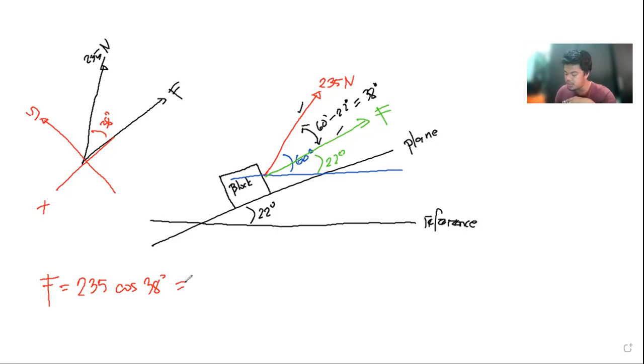Make sure that your calculator is set to degree mode. The component force F is equivalent to 185.2 Newton. So this would be the component of the force along the plane.